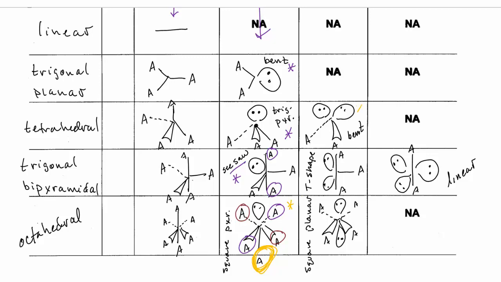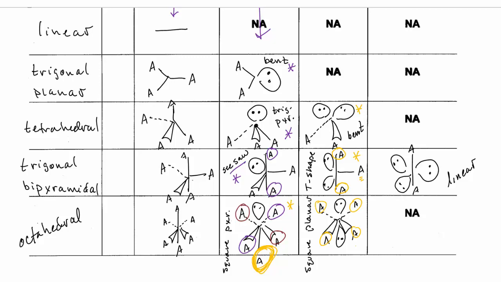We know that the bent shape is polar. T-shape. Well, the dipole moment created by this atom is canceled by the dipole moment created by that one, but nothing to cancel this one. So T-shape is polar. Square planar, these dipole moments cancel. Dipole moment created by this bond and this bond, they cancel.